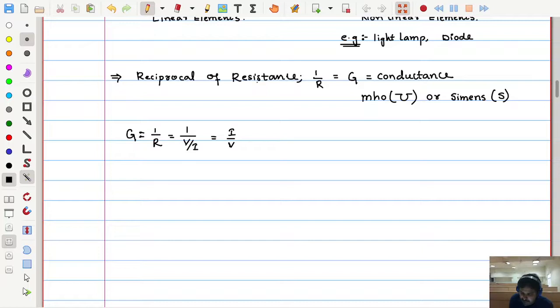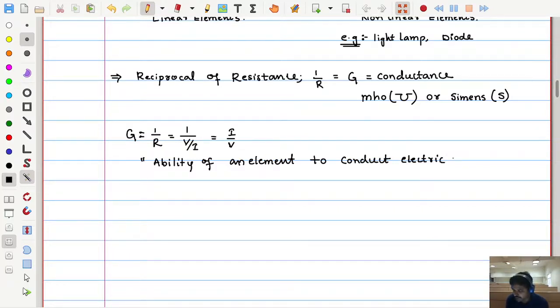What is resistance? It opposes the flow of current. So what might be the reciprocal kind of thing? It does not oppose the flow of current. That means conductance represents the ability of an element to conduct electric current.